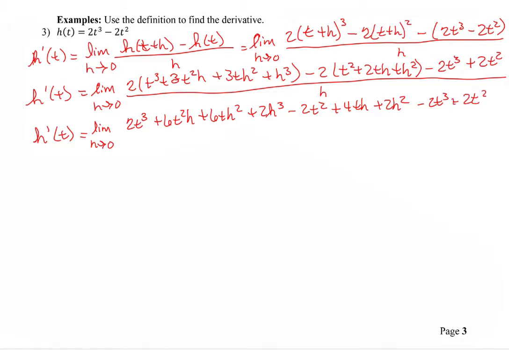Sorry, that last one should be a plus. All over h. So now I'm going to cancel. This t should go away with that t, and this t should go away with that t.